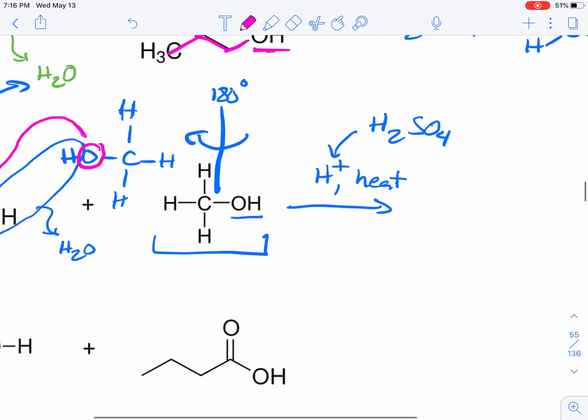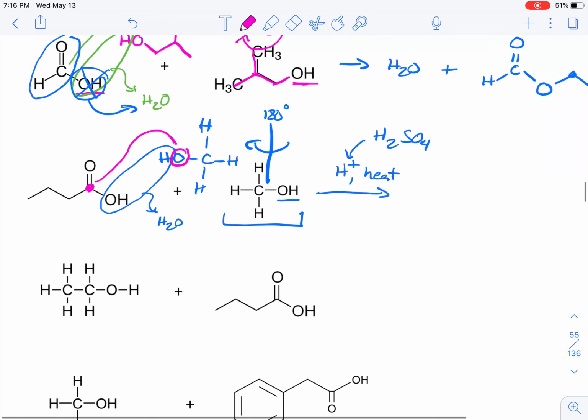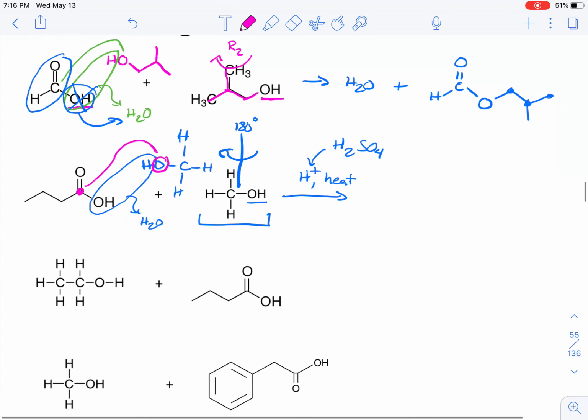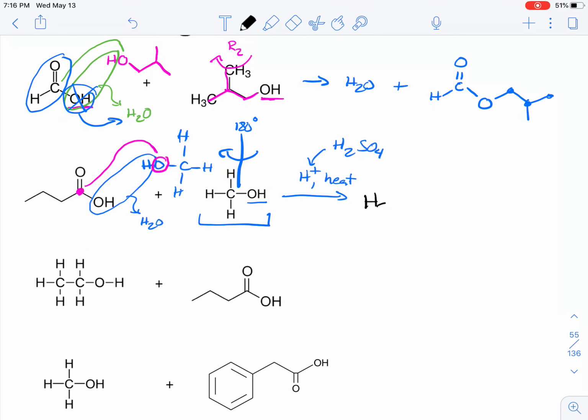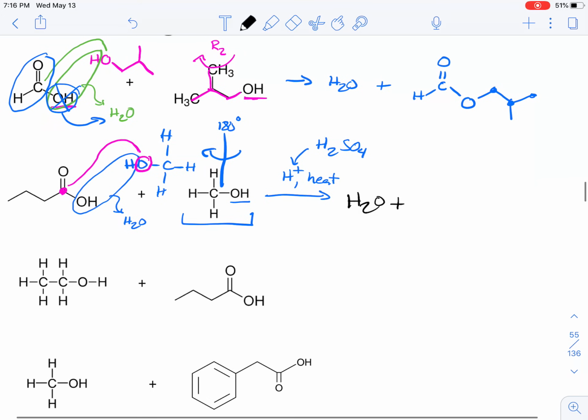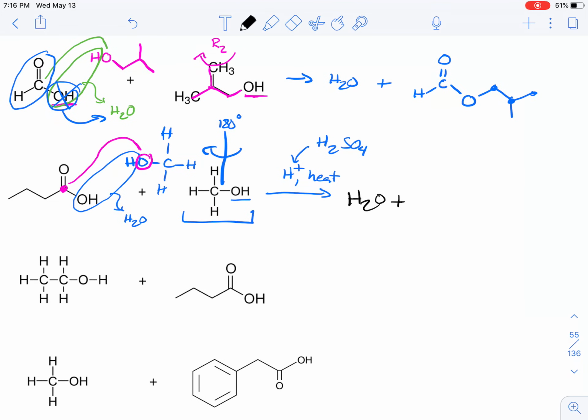Okay, so if I were to draw my product, and I'm going to zoom out, I know that I'm going to have a water molecule plus, now if I were to draw this, I'm going to go from left to right. So this is 1, 2, 3, 4. So I have a 4 carbon chain on my carboxylic acid, and therefore I'll have a 4 carbon chain on the left side of my ester.